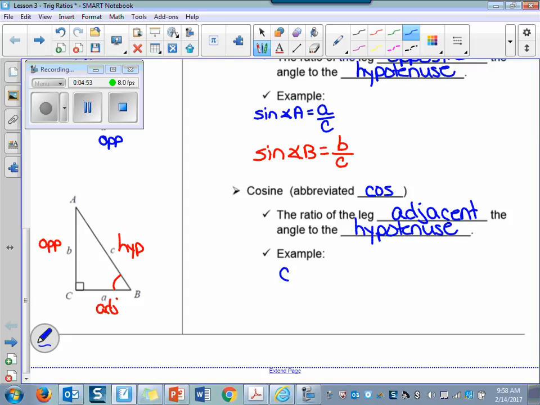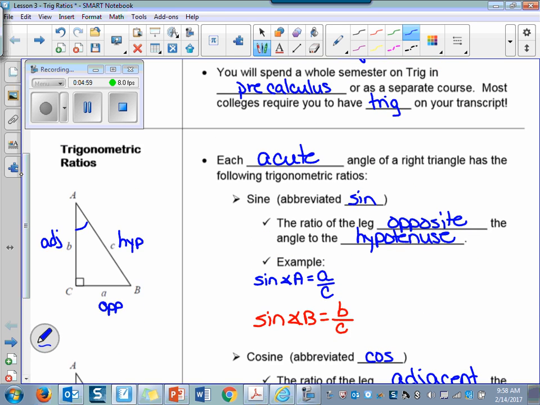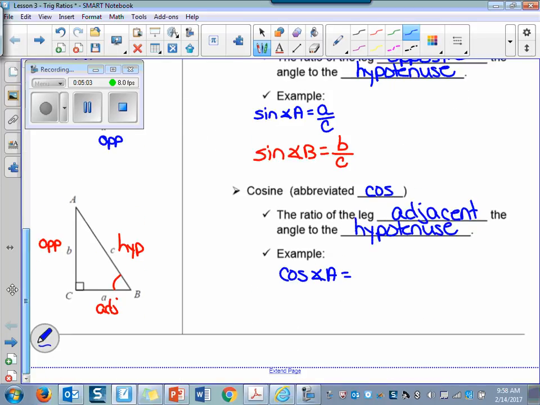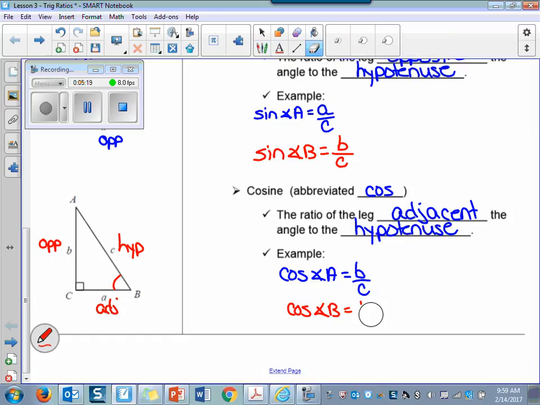So cosine of angle A is going to equal, let me come back up here, adjacent is B, and hypotenuse is C. So this will be B over C. And coming to my second triangle, adjacent is A, and the hypotenuse is C. So the cosine of angle B is A over C.